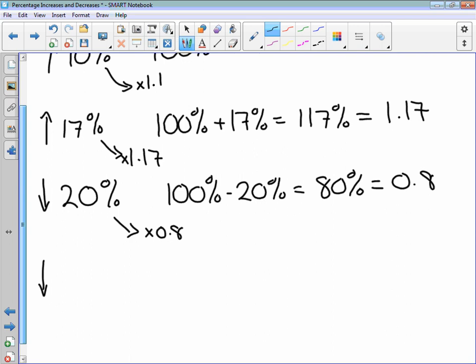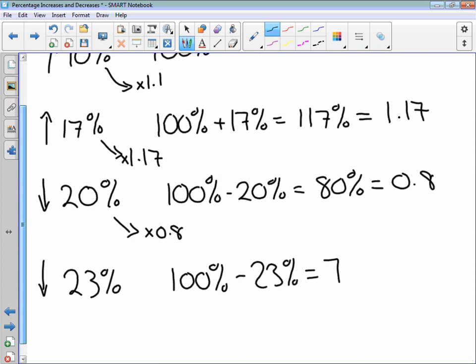Likewise, if I choose to decrease something by 23%, I've got 100%, I'm going to take off 23%, which gives me 77% of the amount left. As a decimal, that is 0.77. So to decrease something by 23%, I need to multiply by 0.77.